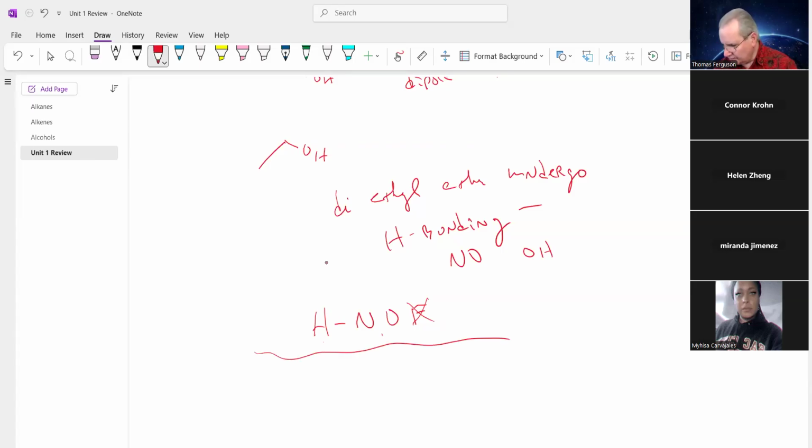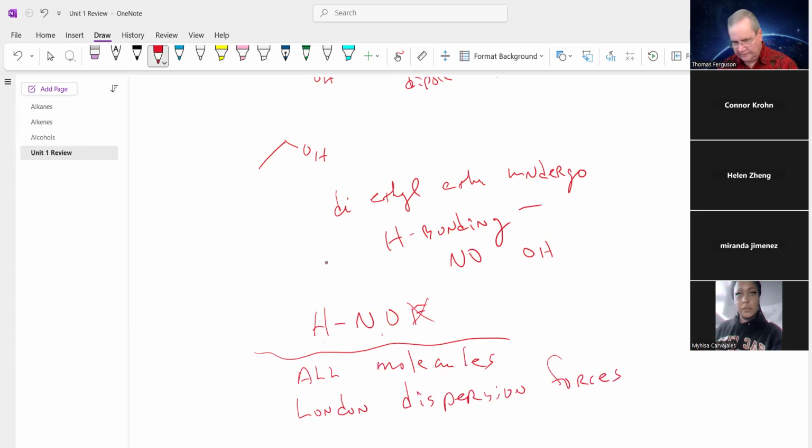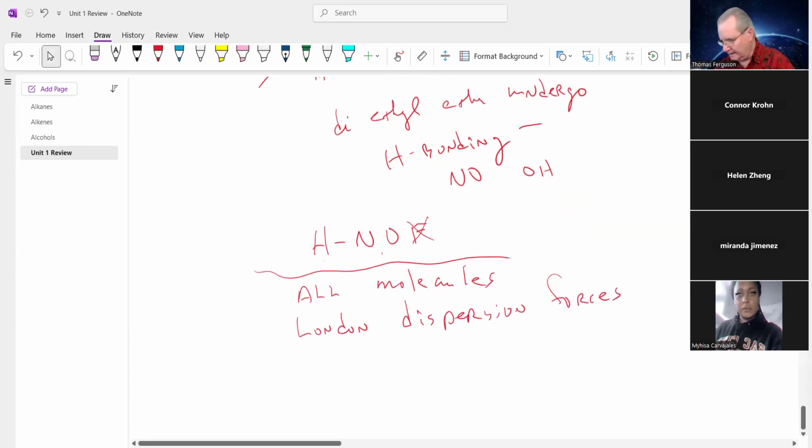Now, all molecules have something called London dispersion forces, or LDF. And that's all molecules. And that has to do with electrons.